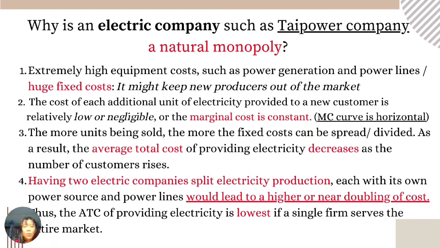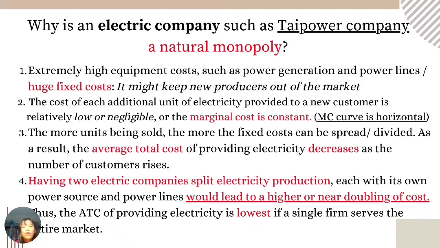So why is an electric company such as Taipower Company a natural monopoly? Firstly, it requires extremely high equipment costs such as power generation and power lines, or we can also say that there is a huge fixed cost to enter the market, meaning that it might keep new producers out of the market.